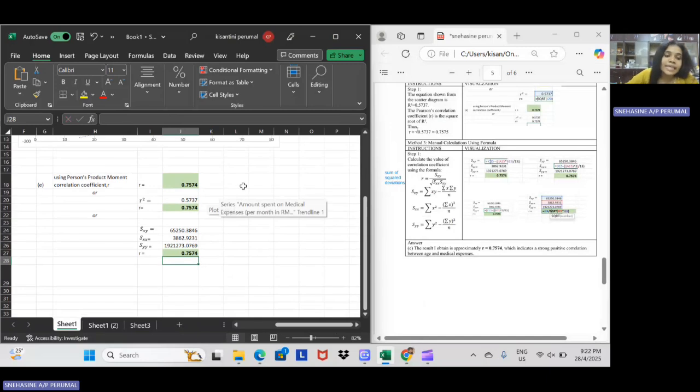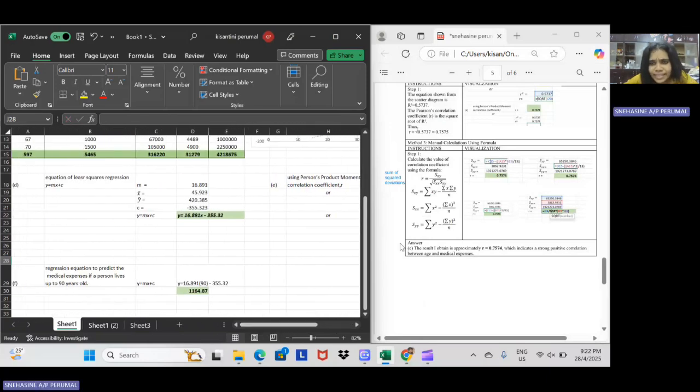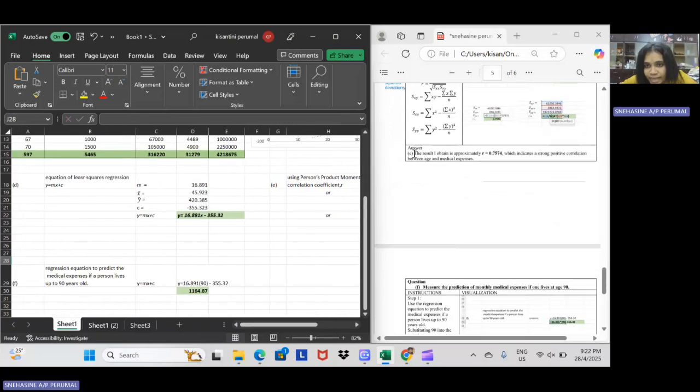So you can use any of these methods to get the correlation coefficient. Okay, last but not least, the result obtained is approximately R equals 0.7, which indicates a strong positive correlation between age and medical expenses.